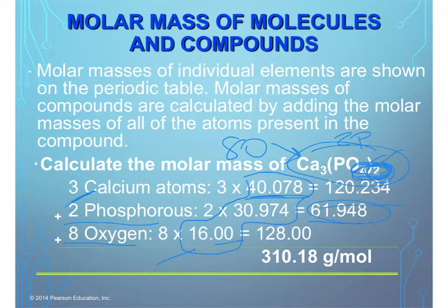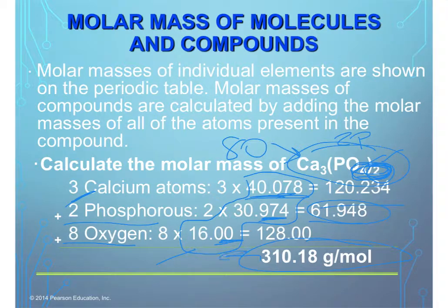I recommend carrying at least 2 digits to the right of the decimal for every molar mass. Otherwise, you risk artificially rounding too much and actually getting an inaccurate answer at the end. So again, when you get the molar mass, remember the units are grams per mole.